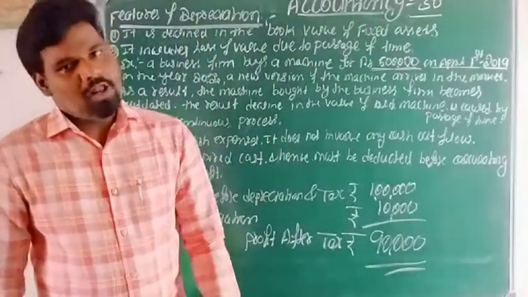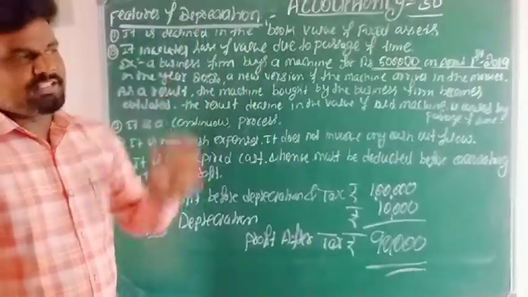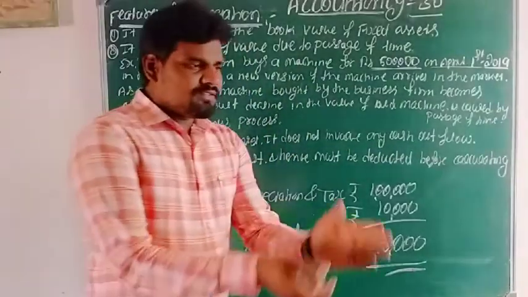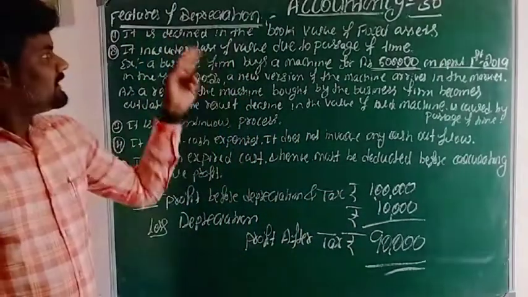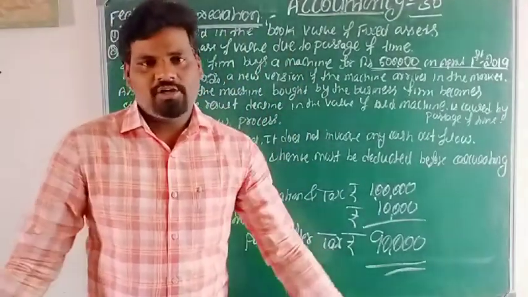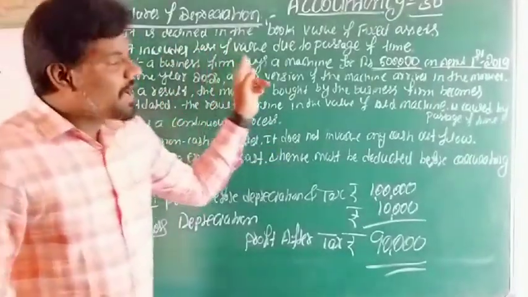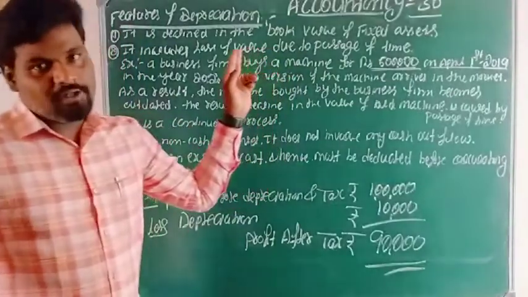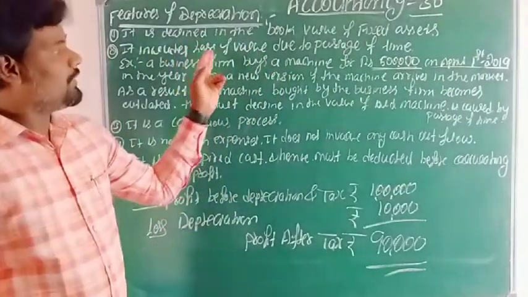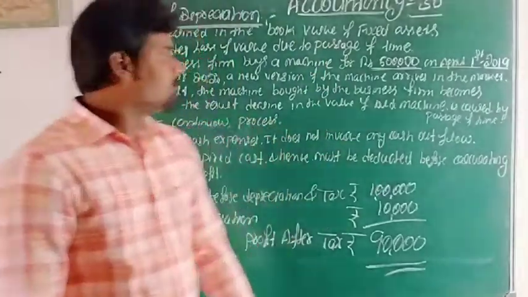The first feature shows a decline in the book value of fixed assets. The second says it includes loss of value, meaning the book value, due to passage of time.